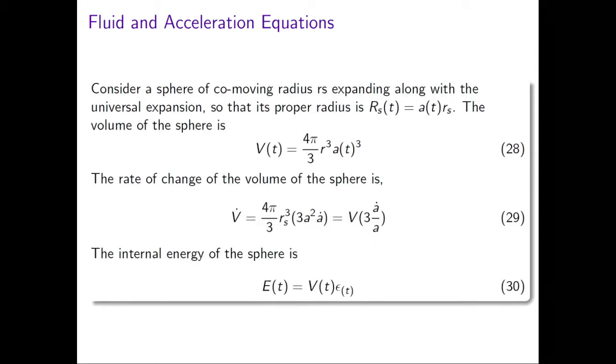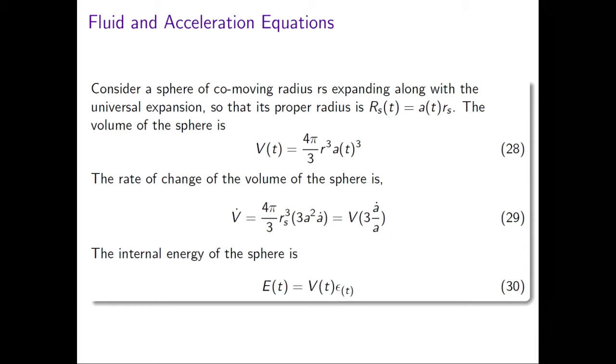As we have assumed before, since the radius is co-moving and the volume is co-moving along with the expansion of the universe, we can substitute the radius of the sphere or the surface to be equal to a times R s. If we make this substitution in the expression for the volume, we have V equals 4 pi by 3 times R cubed times a cubed.